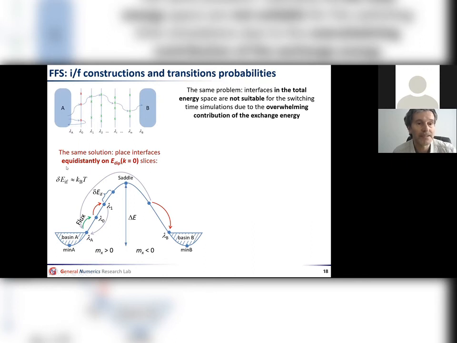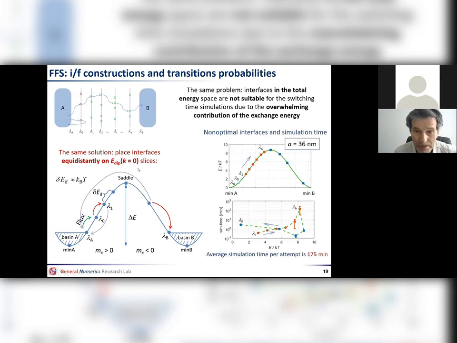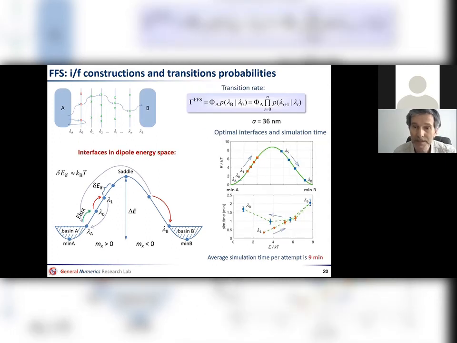We place interfaces equidistantly in the dipolar energy space. You have to watch for the optimal position of the interfaces near the saddle point, because you can place the interfaces very unluckily to get a very large simulation time, but optimal position allows you to reduce simulation time over an order of magnitude.